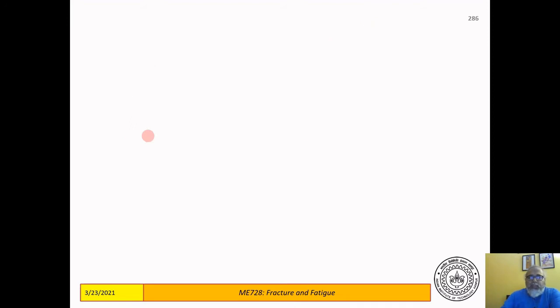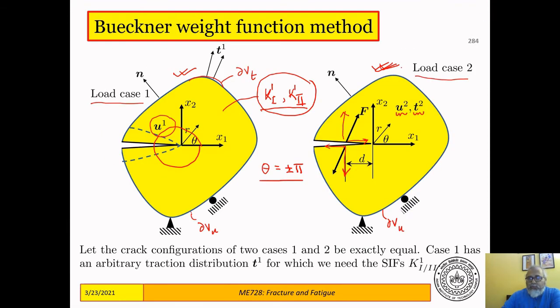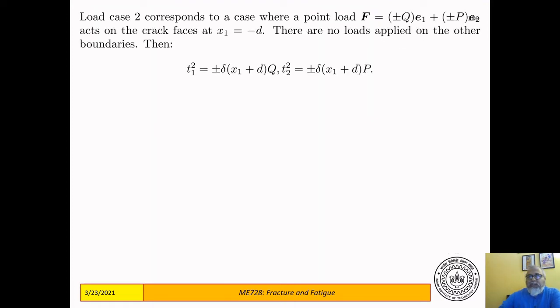Let's turn to load case 2 now. In load case 2, you have a point load F, which has components Q in the x1 direction and P in the x2 direction applied on the crack face. This is Q, this is P, and on the lower face it is minus Q and minus P. So this force F can be represented as plus Q e1 plus P e2 on the upper face, minus Q e1 minus P e2 on the lower face, and this acts at x1 equal to minus d.